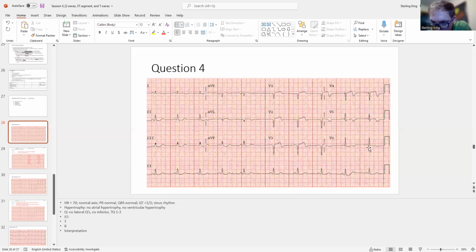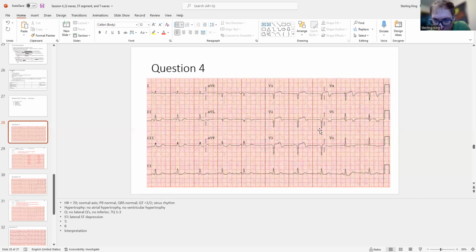This guy here, I mean, if it is, it's subtle. It could be there. So we could say lateral ST depression. Of course, we'll interpret this all in context. Looking at T waves laterally, no change there.